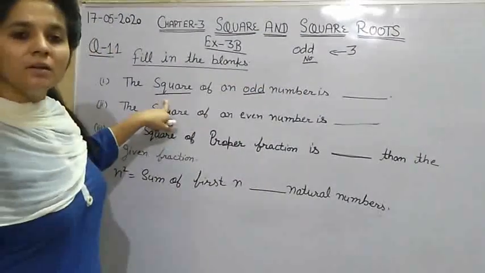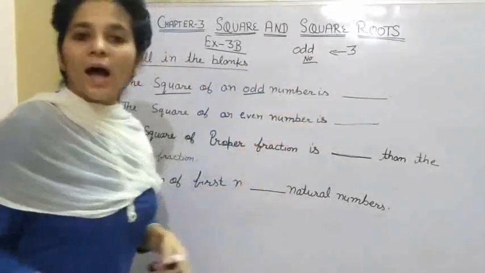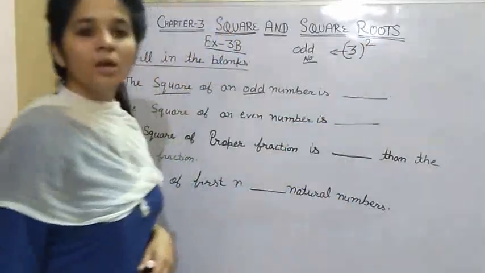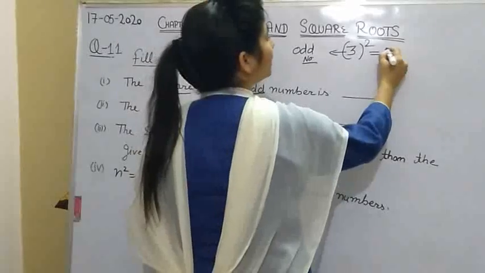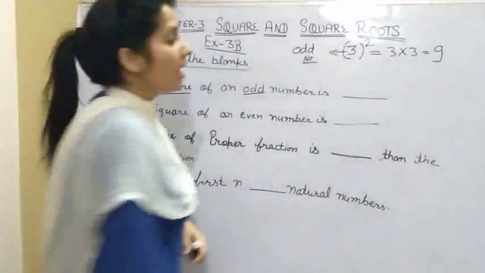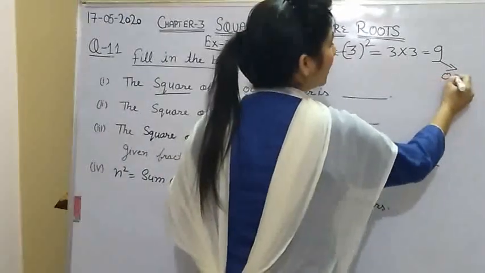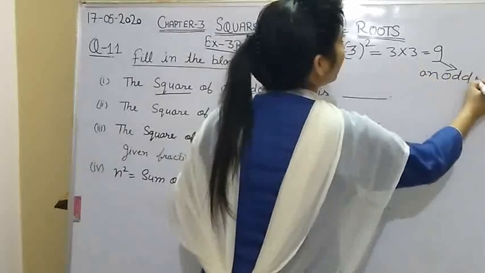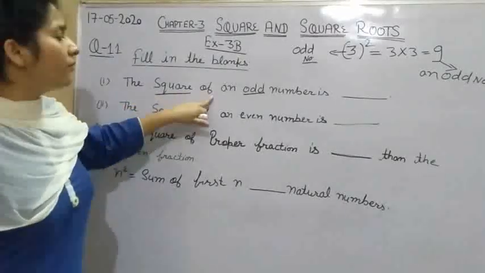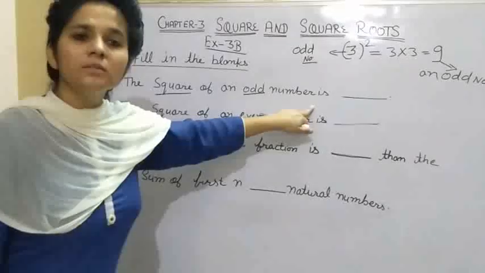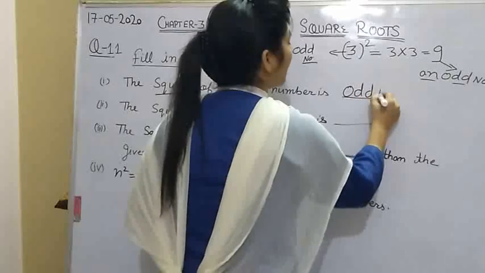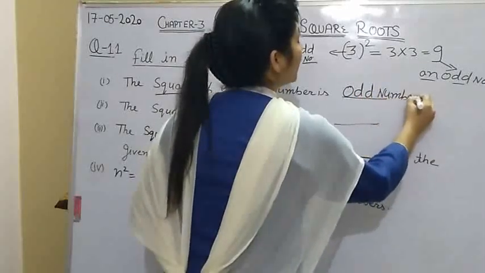When you take the square of 3, you can expand 3 square as 3 multiply 3, that is equal to 9. 9 is again an odd number. So, the square of an odd number is always an odd number. So our answer will always be an odd number.